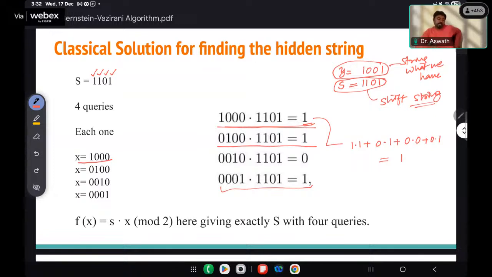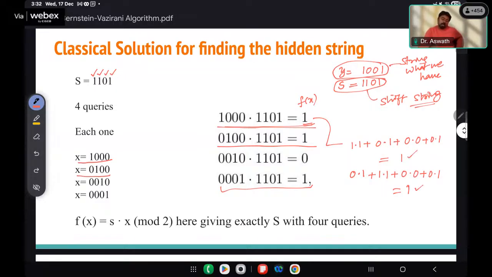How do I ask? I'll give my x to the person and ask him to calculate f of x and give me the value. So he multiplies whatever I have supplied. I supplied x equal to 0, 1, 0, 0. He computes 0 into 1 plus 1 into 1 plus 0 into 0 plus 0 into 1. Again it is 1, so he will just give me f of x, which is 1.